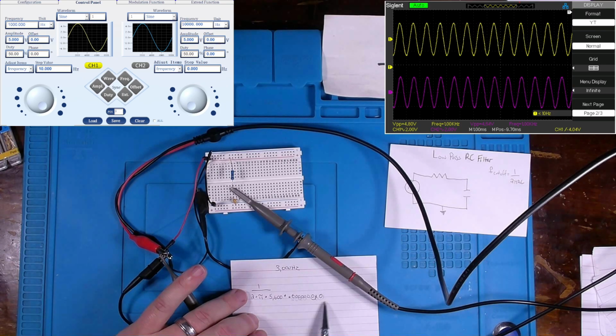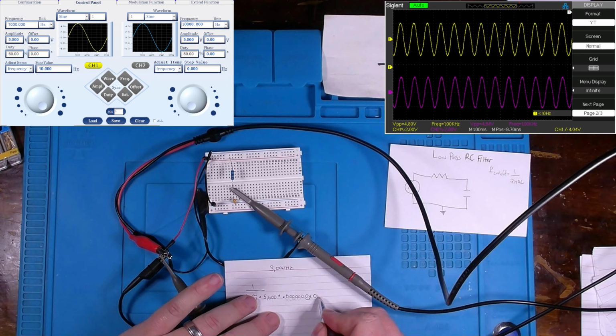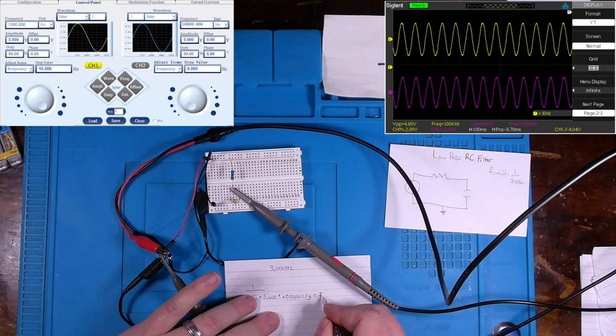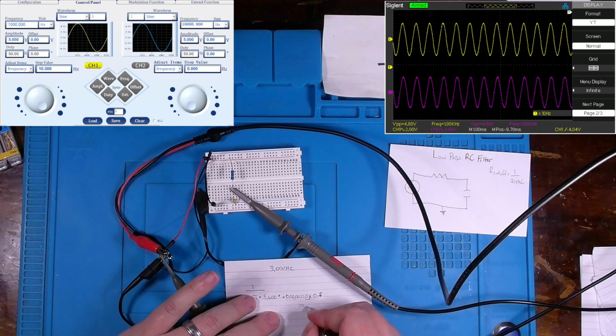Okay, so I'm just writing this out as a decimal value. That's essentially our farad rating for this capacitor, okay, or 10 nanofarad.